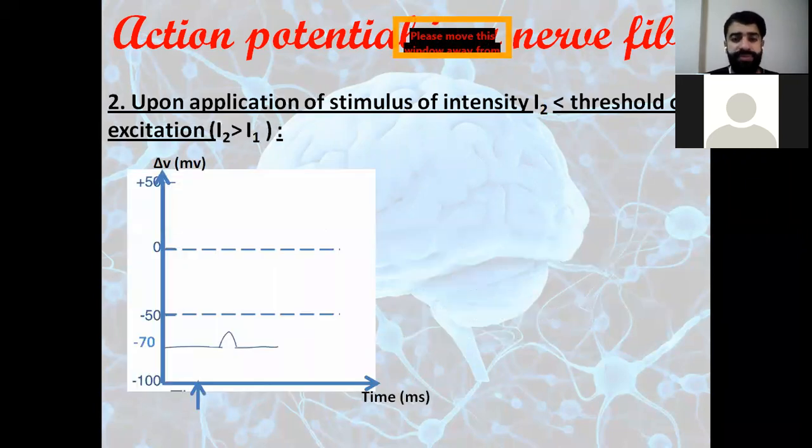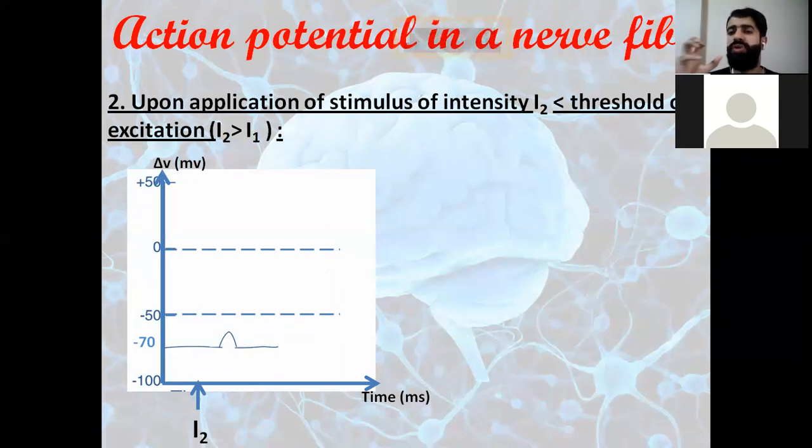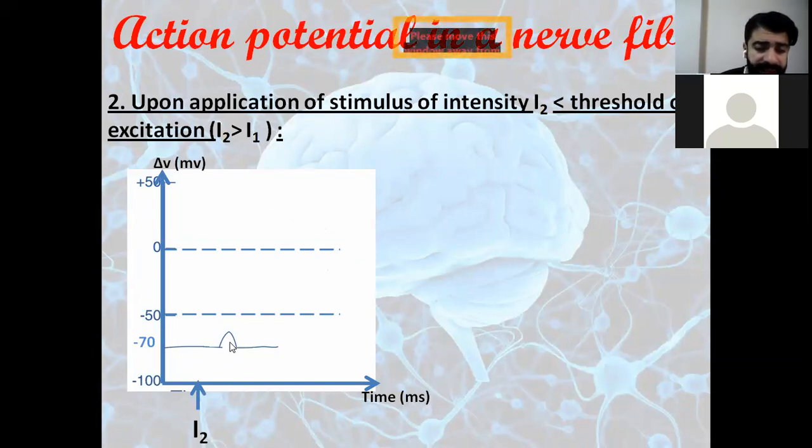Moving to I2. Upon application of a stimulus of intensity I2, I2 is also less than the threshold of excitation. It's less than the minimum intensity needed, the minimum stimulus needed to cause an action potential. But I2 here is greater than I1. Sure, we don't have the action potential.